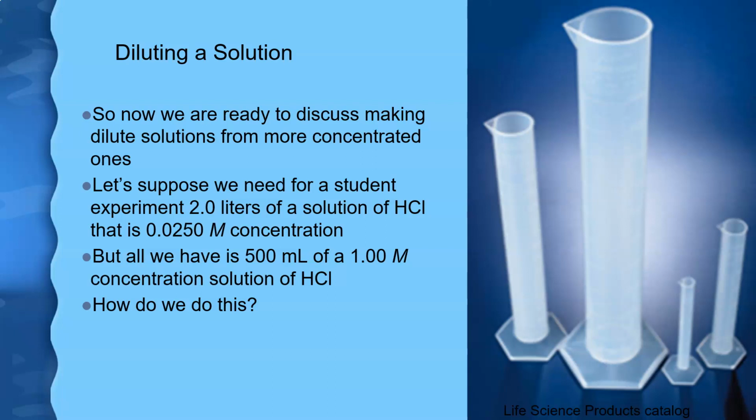So how can I take this 1 molar solution and figure out how much water I need to add to dilute it to be 0.0250 molar? So I need 2 liters of 0.025, and I have 500 milliliters of 1 molar.